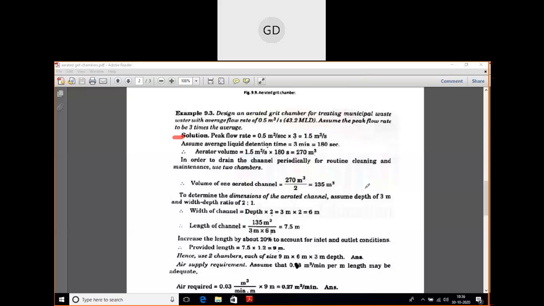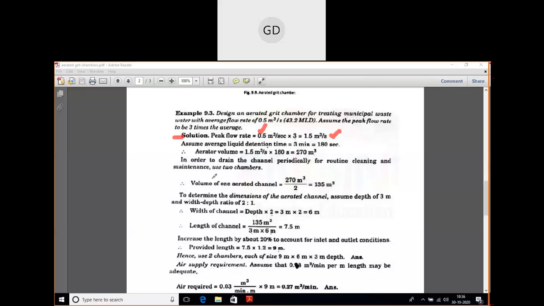Let's continue. Your peak flow rate is 3 times the average. The average is 0.5 meter cube per second, so you multiply it and get 1.5 meter cube per second.